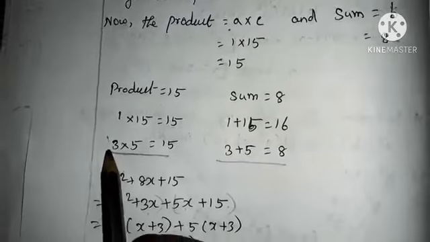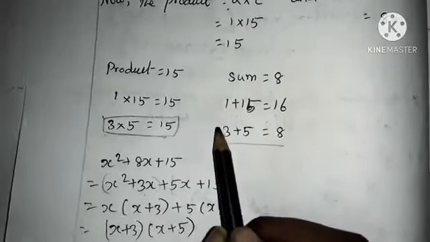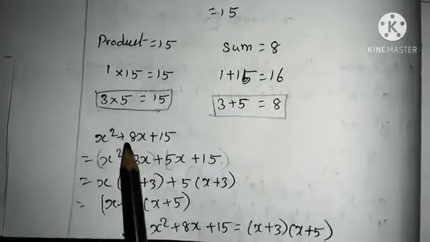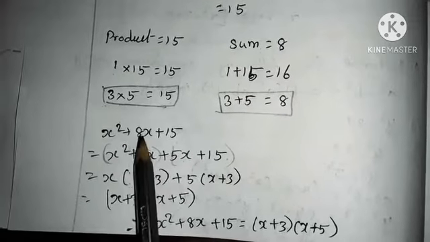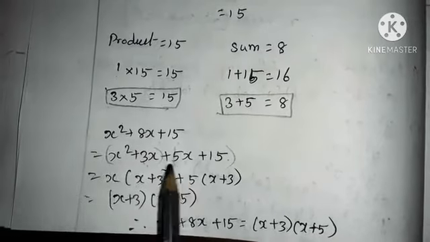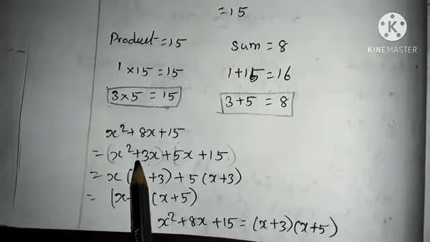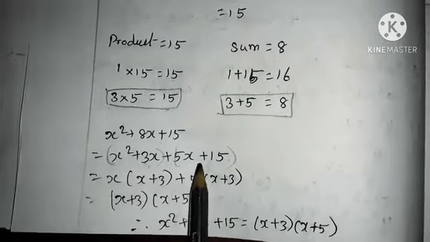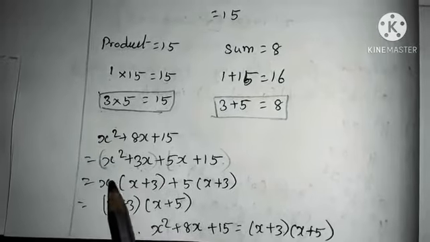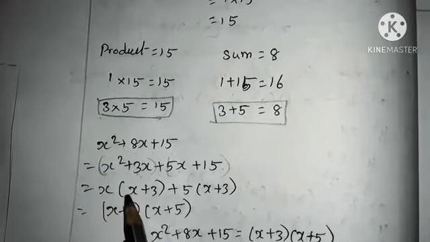So we have to split the middle term as 3 plus 5. That is, x square plus 8x plus 15, where 8x can be split into 3x plus 5x. So we get x square plus 3x plus 5x plus 15. From the first two terms, x is common, so taking out x, we get x plus 3.